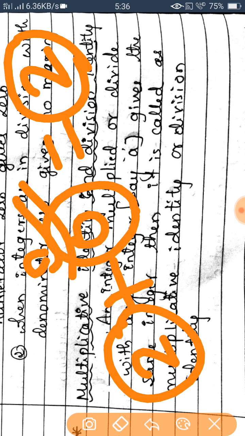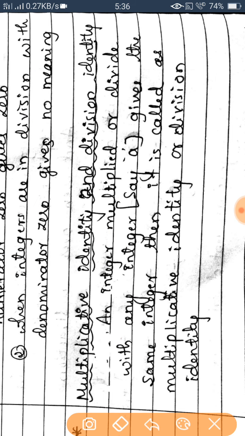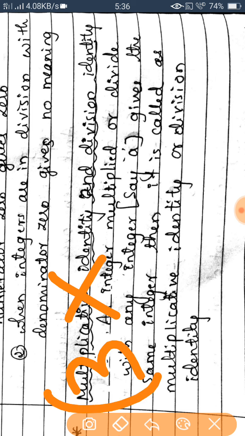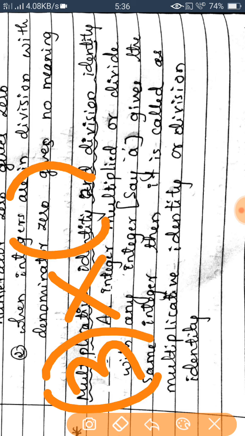Then multiplicative and division. In subtraction, there is no subtractive identity. Don't search anywhere, because it gives negative answers. So usually we say only multiplicative identity and additive identity, but division is also taken extra here. In multiplicative, if you want to multiply 3 with one number, you must get 3. Which is that number? Choose it.